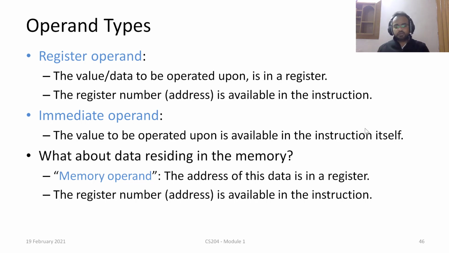How it identifies, we are going to look at in the next module, when we are actually looking at execution of each instruction in a little more detail. But at this moment, let's assume that the hardware identifies that it's a memory operand. At that point of time, it goes to the register whose address is given in the instruction, picks the value, sends it to the memory, and the memory will respond with the data, and that's when we will be able to operate on it.